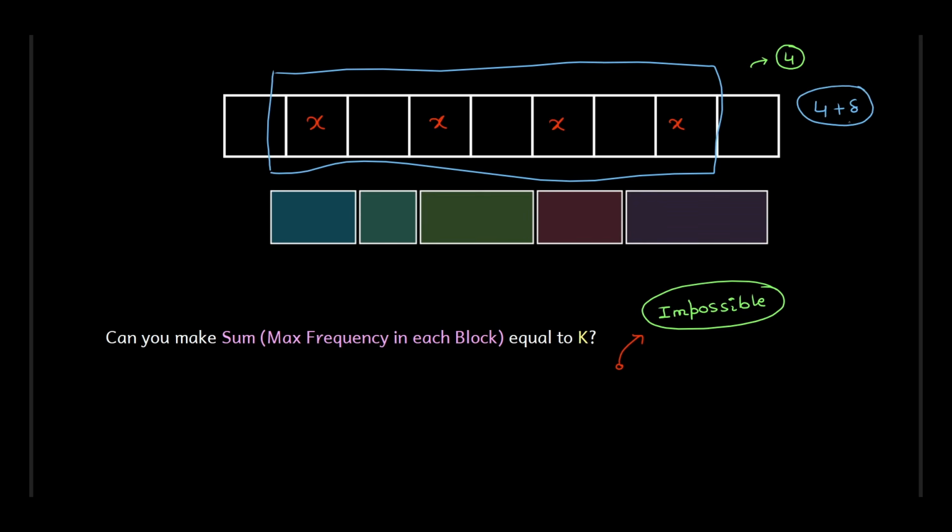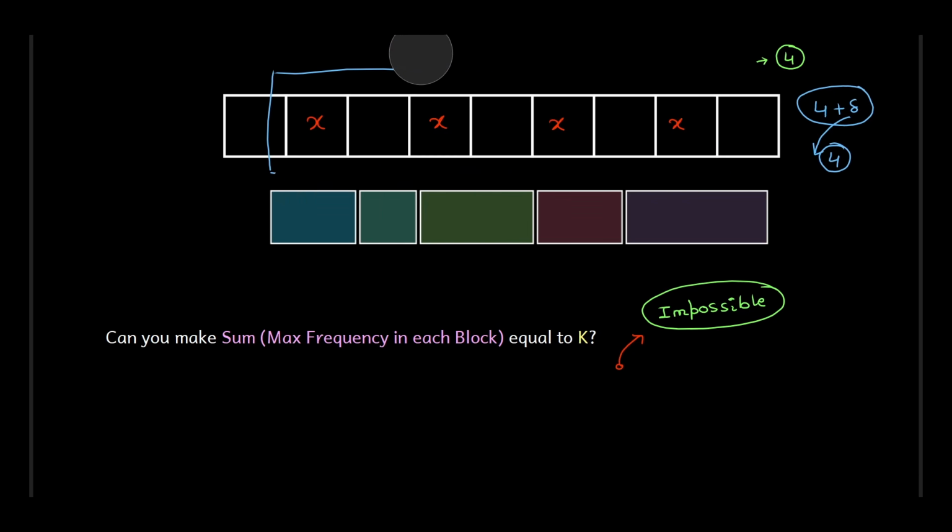So if you really want to go below 4, then you definitely have to split this x into a different block. Now this is where we make the second observation: watch what happens when you do this split.